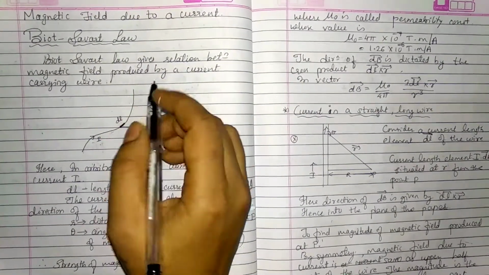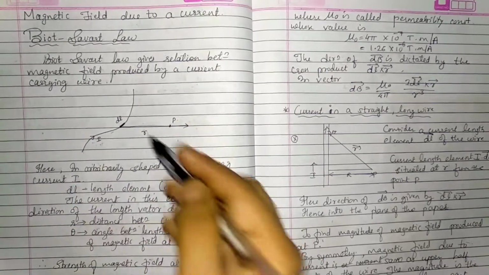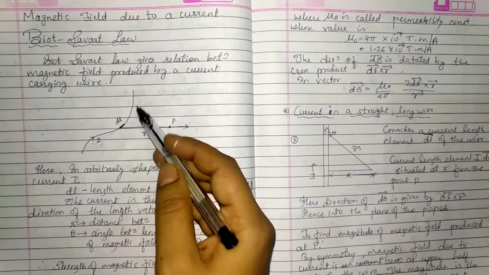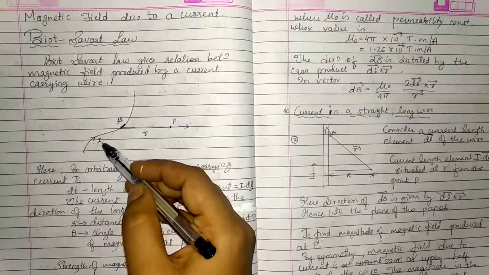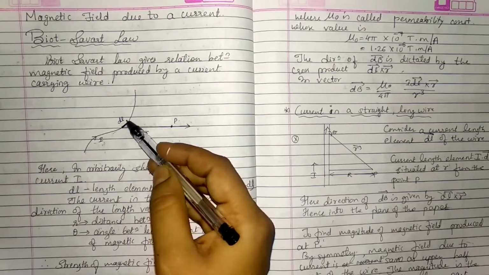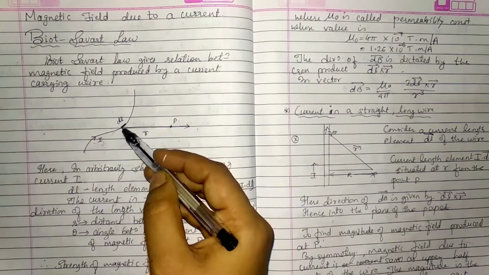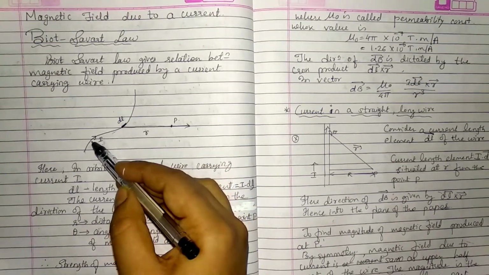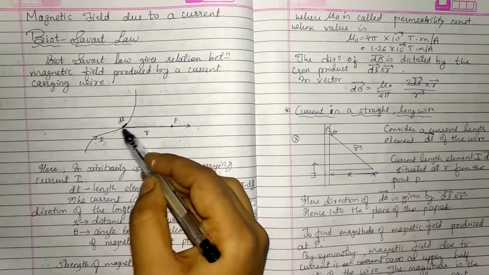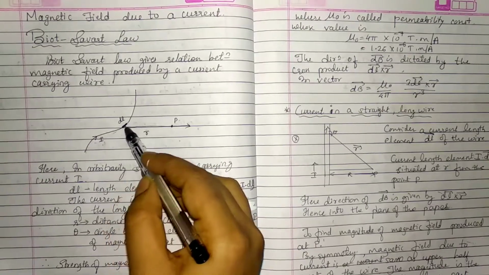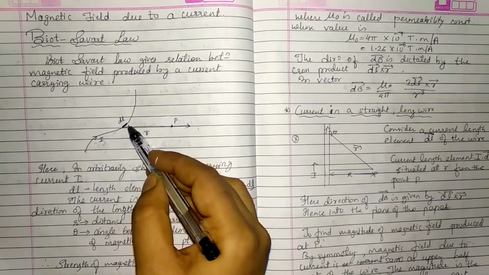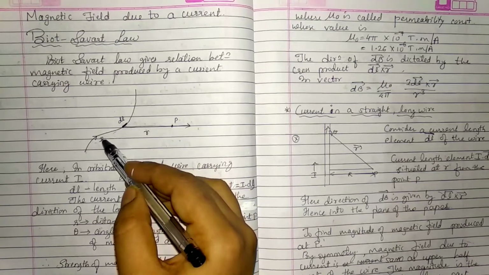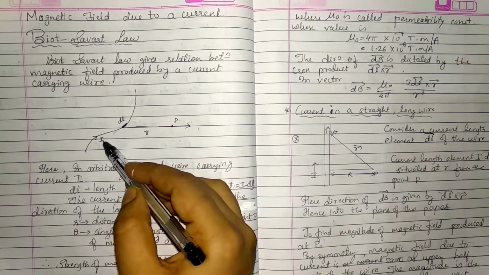If you consider any arbitrarily shaped wire carrying a current I, I have taken here dl, which is called a length element, and if I combine these two, I will call it a current length element, I dl. What is the need to combine these two? Because I is a scalar quantity.